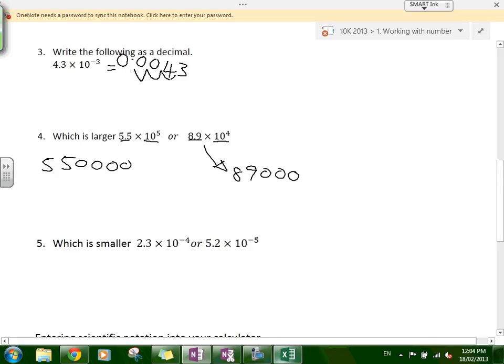Which one is bigger? So although 8.9 is bigger than 5.5, when you multiply it by that power of 10, this one is definitely bigger. Okay, so this one is the correct answer. You're going to look at the powers of 10, which one's larger, and then you go with it.